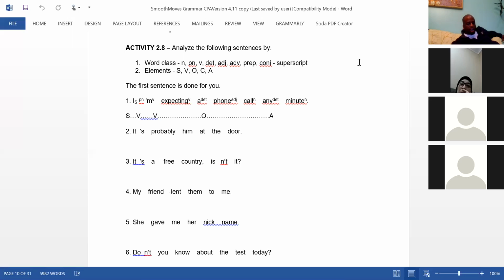As long as it's understandable, it's clear, it's coherent, it's an idea that has meaning, it's complete, it means something, it's probably going to be correct.